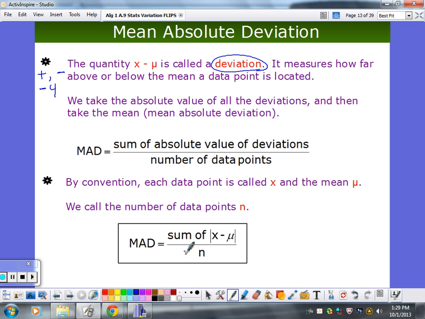N, as we recall, is always the number of data points, and our calculator calls it the same thing, because that's a statistics thing. We call our mean mu. Each data point is called x. Even though I've got a bunch of them, they're all x. So a data point minus the mean, take the absolute value, add them together, and divide by the number you have. That's how you find mean absolute deviation. So that's the formula for it.